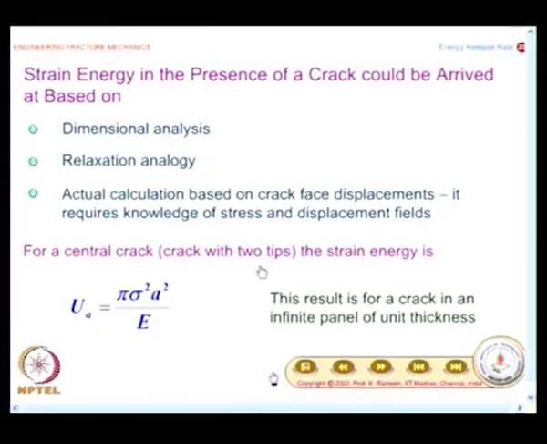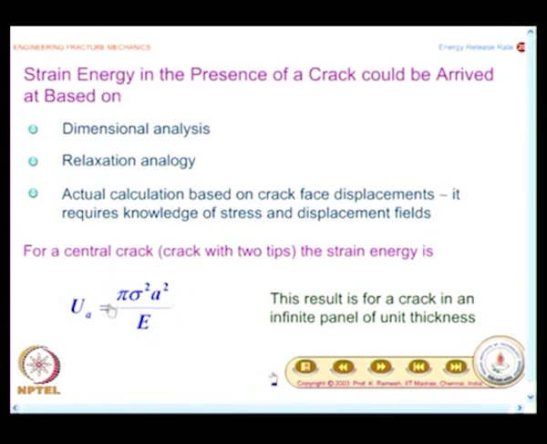In order to emphasize that, I am saying it again. We have taken the solution for the case of a central crack. It is crack with two tips, you should recognize, and this is given as strain energy U_A equal to pi sigma squared A squared by E.